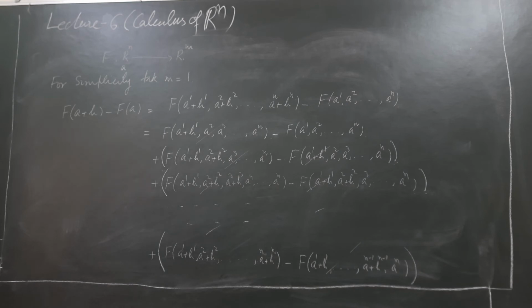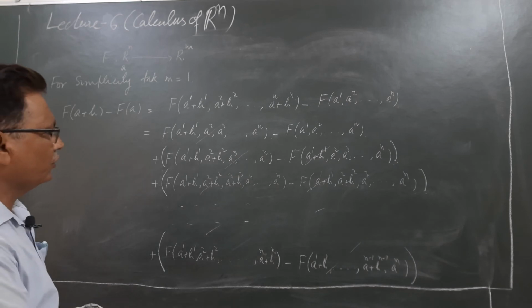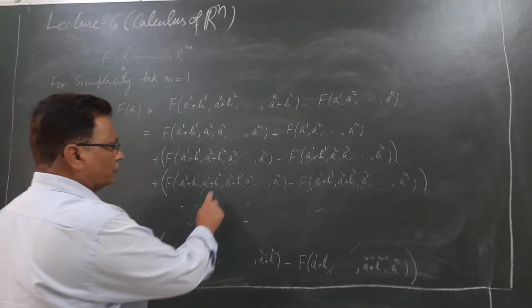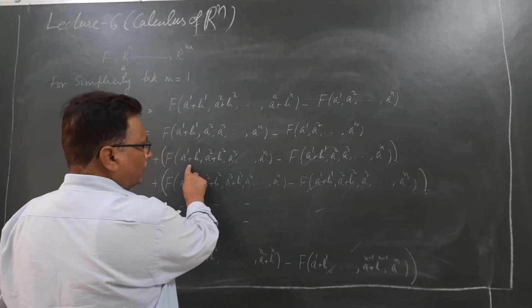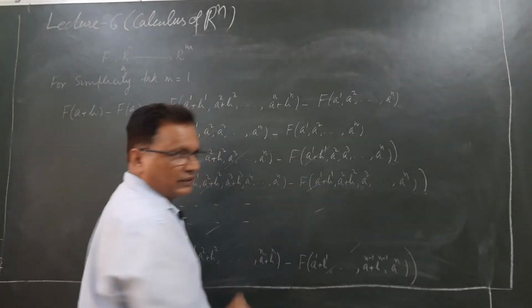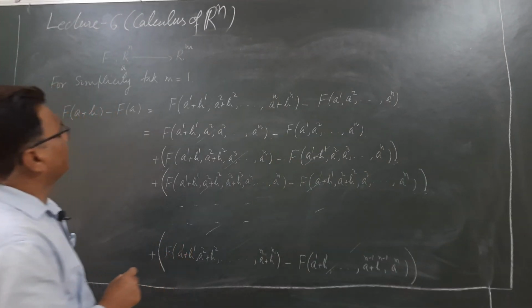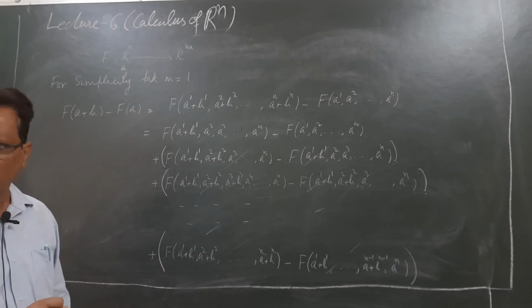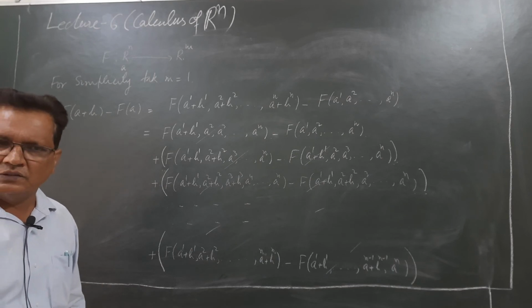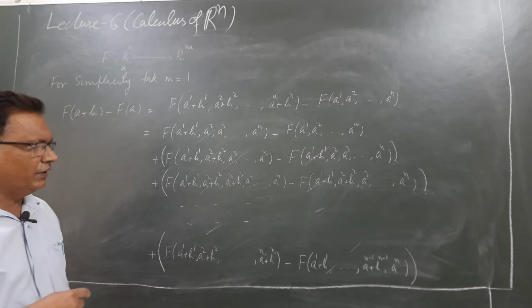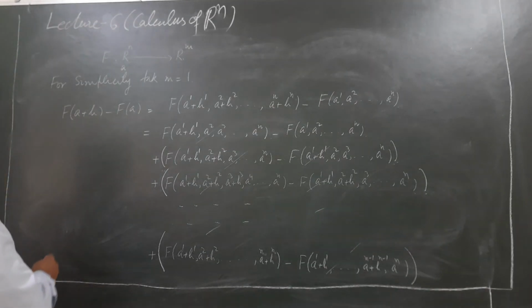Okay, so you can see that I can use the mean value theorem, because practically you are changing only one slot. If I look at it as a function of one variable, I can use the mean value theorem. What does the mean value theorem say? Do you remember?